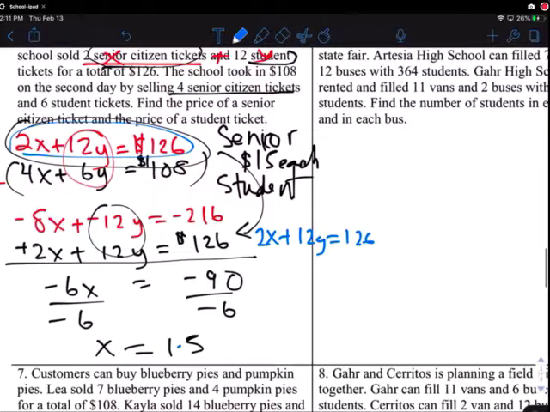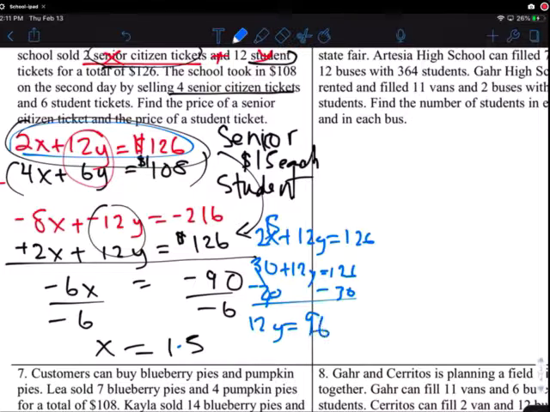Put 15 into x, that's 30, plus 12y equals 126 minus 30, we get 12y equals 126 minus 30, you got 96. Divide by 12, you get 8. y is $8. So students cost $8 each.